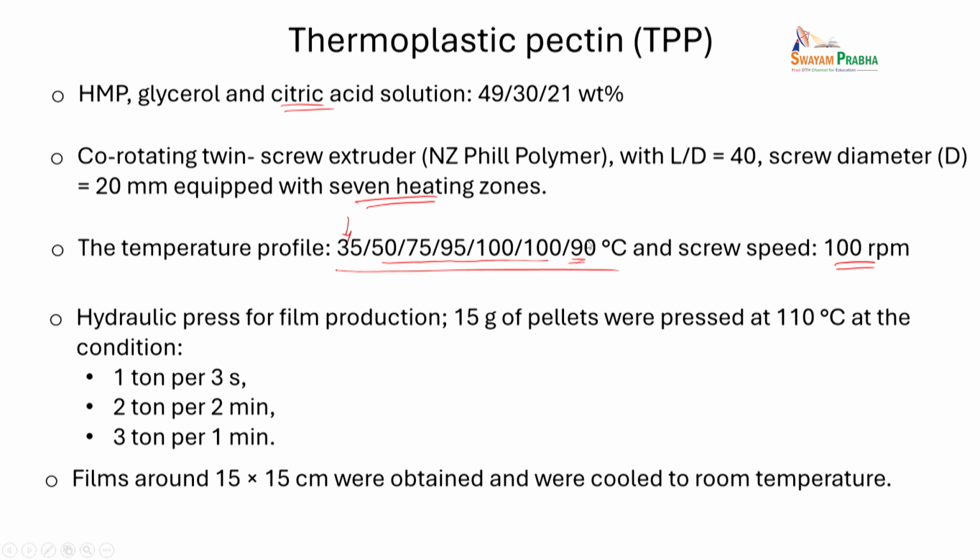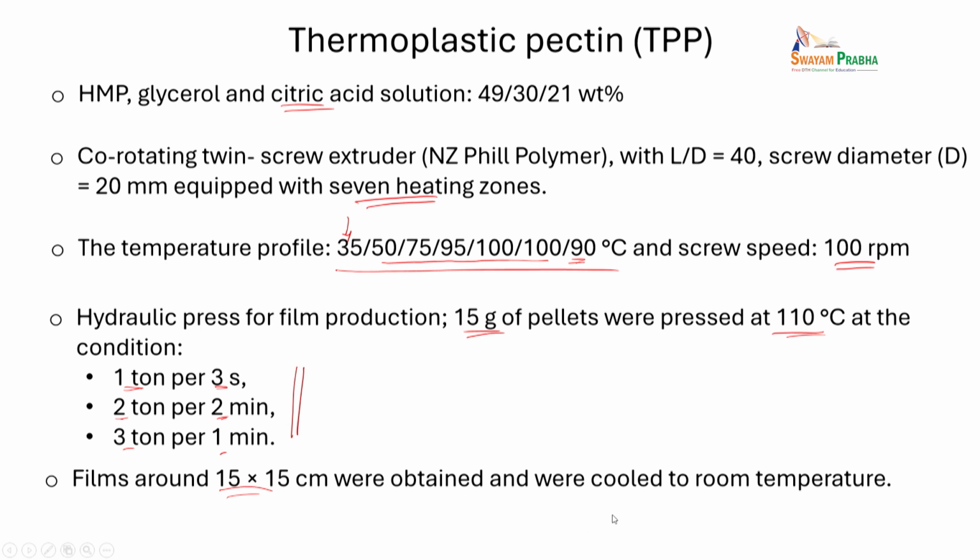With this process they were able to extrude this into pellets. Then these pellets are thermocompressed using a hydraulic press to form a film, a sheet. They also looked at different conditions. 15 grams of pellets is pressed at 110 degrees Celsius at the following conditions: 110 of weight pressed for 3 seconds, or 210 for 2 minutes, or 310 for, these are different operating conditions, and they were able to get a film of 15 by 15 centimeters.